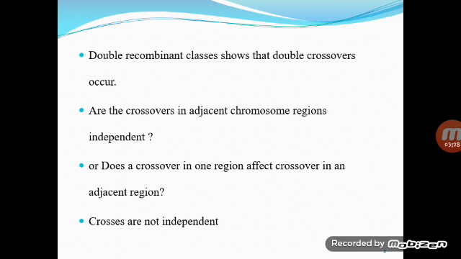It shows that often they are not independent. So this interaction is called interference.